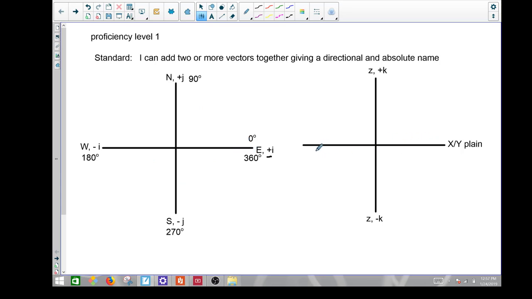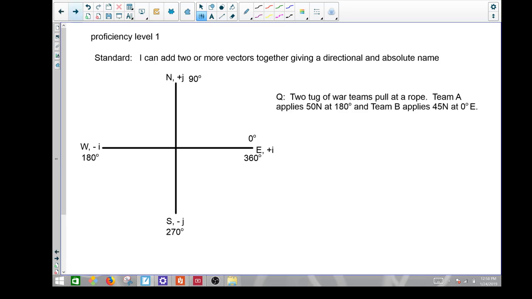This is the XY plane. If I tip this and flip it flat, and then have it up for the Z, that's a positive k, and down into the ground would be a negative k, which should be a negative Z. Keep in mind every vector must have a magnitude and a direction.